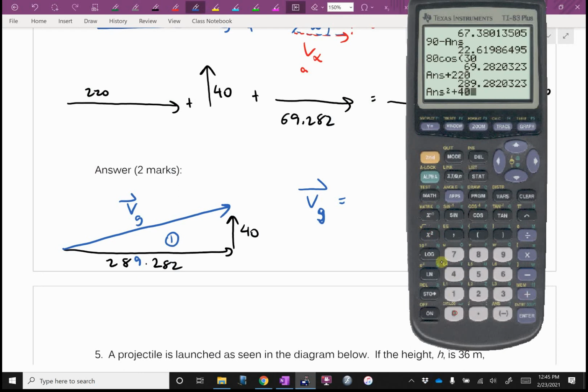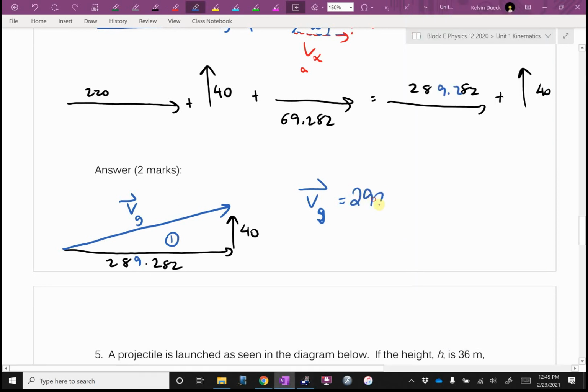Squared plus 40 squared, square root. Do you all get a magnitude of 292? Tan theta is going to be 40 over 289.282.